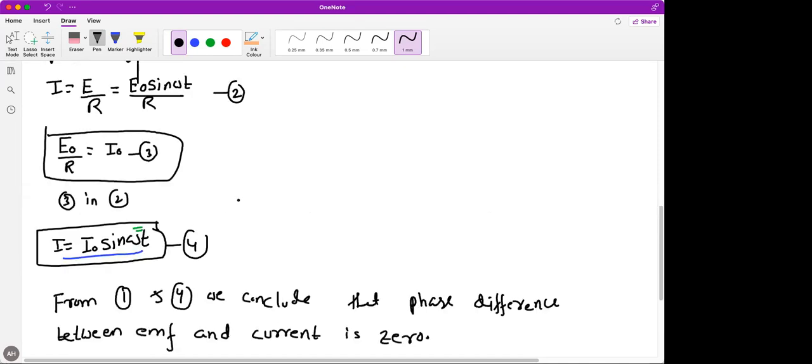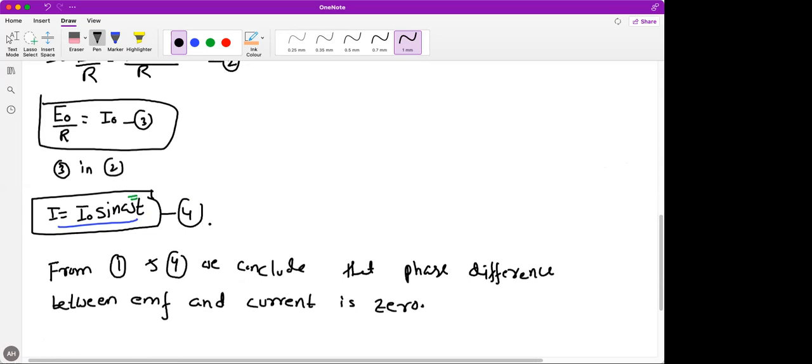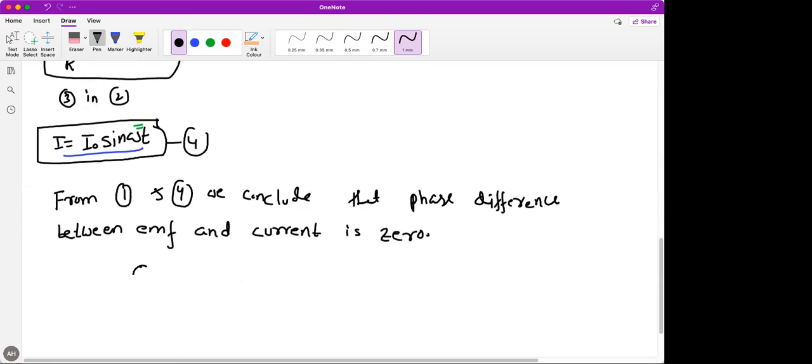This we can conclude from equation number 1 and equation number 4. So phi is equal to 0 as a phase difference.